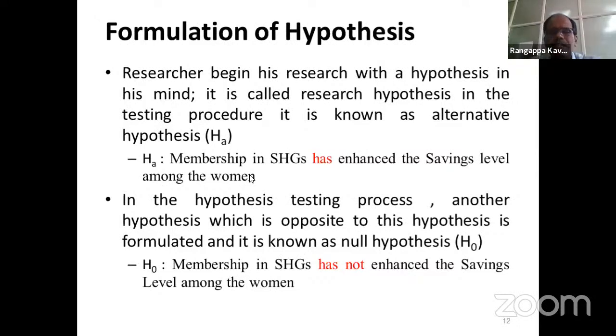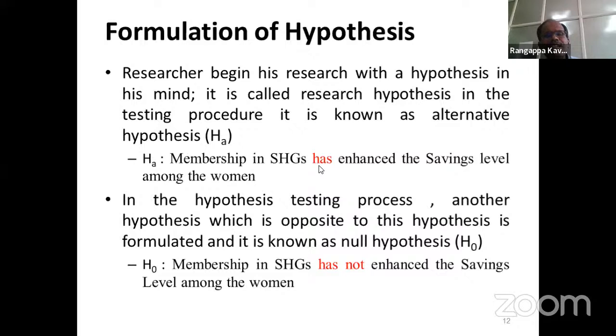In the hypothesis testing process, another hypothesis which is opposite to this hypothesis is formulated, and it is known as the null hypothesis. For this alternative hypothesis, the null hypothesis in this example is: membership in SHG has not enhanced the saving level among the women. You could observe, I have highlighted it in red color.